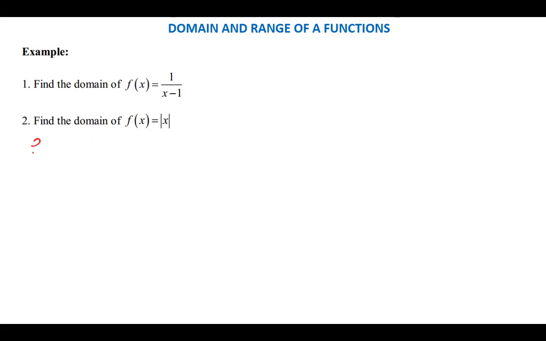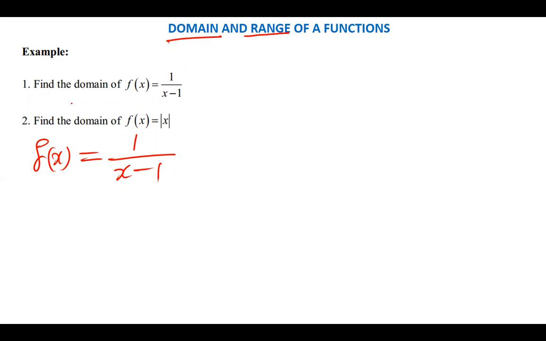Okay, let's say f of x is equal to 1 over x minus 1. The same question. So what are we finding? We are finding the domain and the range.